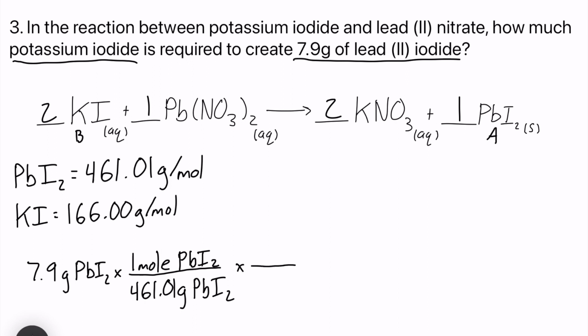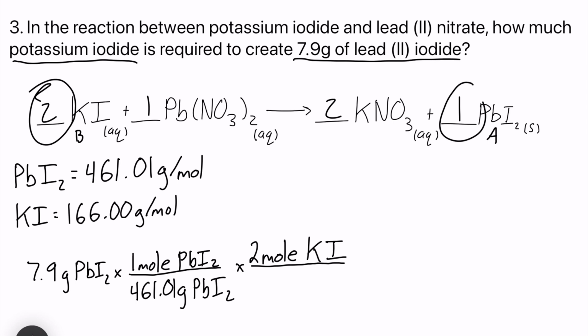If I was to stop right there, I'd be in moles of PbI2. But let's get to moles of potassium iodide next. Remember, that's where we're using our molar ratios or our coefficients from our balanced equation. So on the top, from my balanced equation, I have 2 moles of KI for every 1 mole of PbI2.